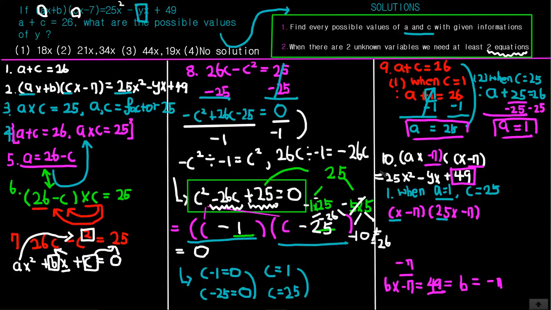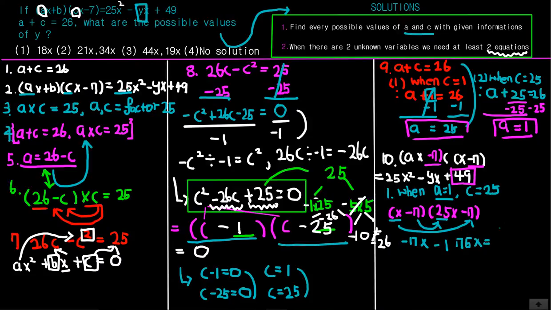So all you have to do is multiply the x terms and the constant terms, which means we can multiply x times negative 7, which gives us negative 7x. Negative 7 times 25 is negative 175x. And then it will give us negative 182x. So the y value is 182.